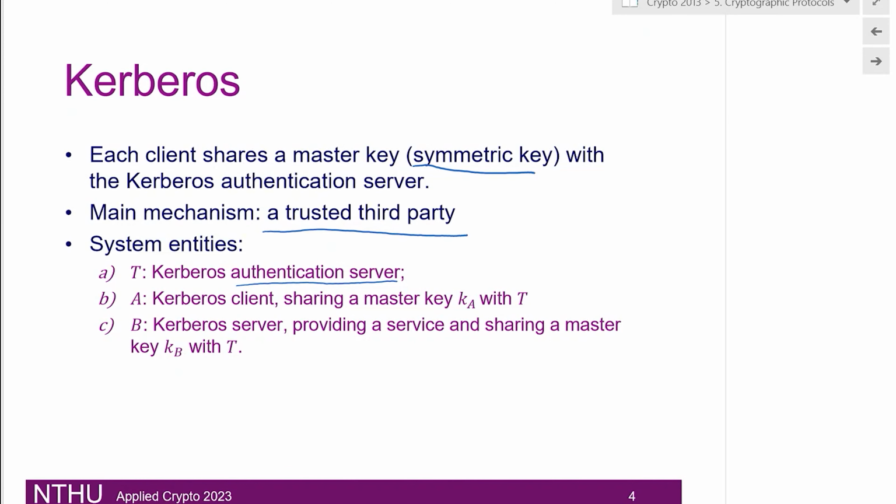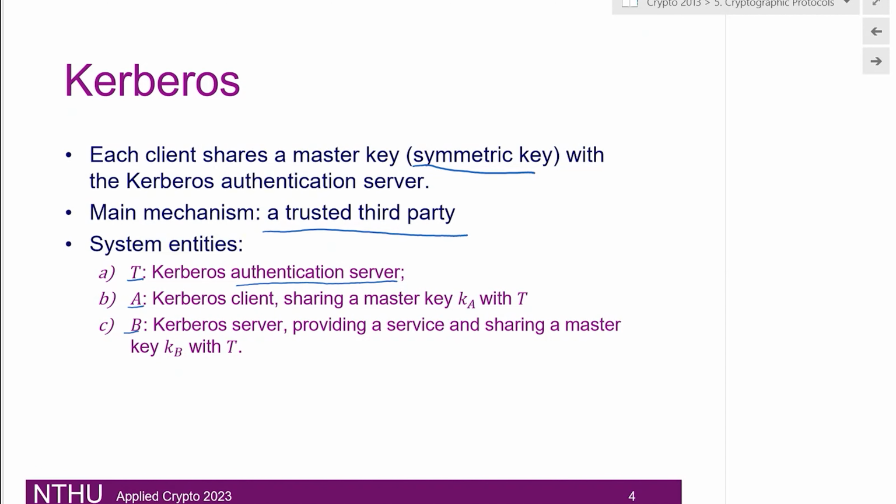So in order to set up the system, we have these entities. We have this trusted third party that we call T, and then we have a bunch of clients and servers. For clients, like client A, this client has a master key KA that is shared with the trusted third-party server.